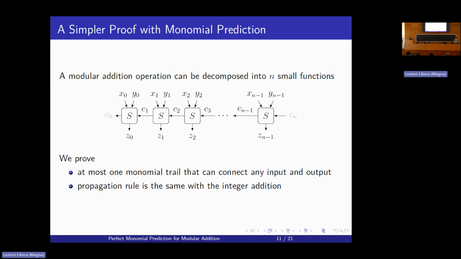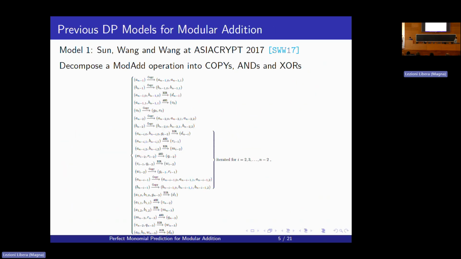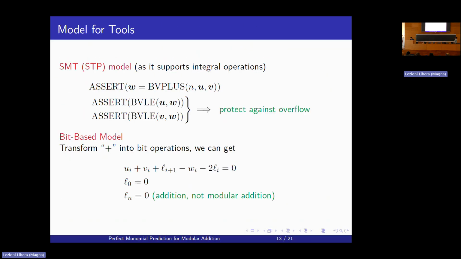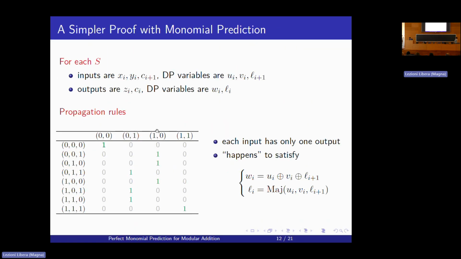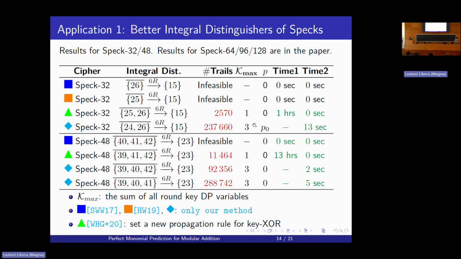With the previous models, for example this one, although it's very complex, if you run the experiment, you will find that actually it's also very efficient. But if you want to find some complicated distinguishers, for example this one, before our paper there was only one paper that could detect this distinguisher.